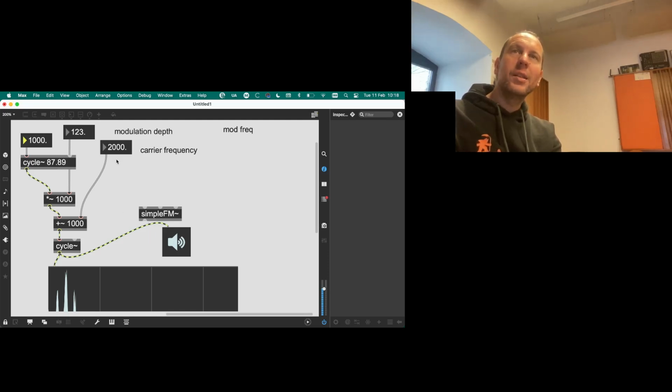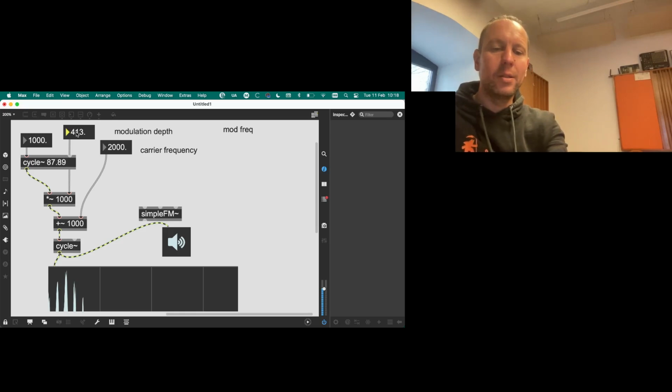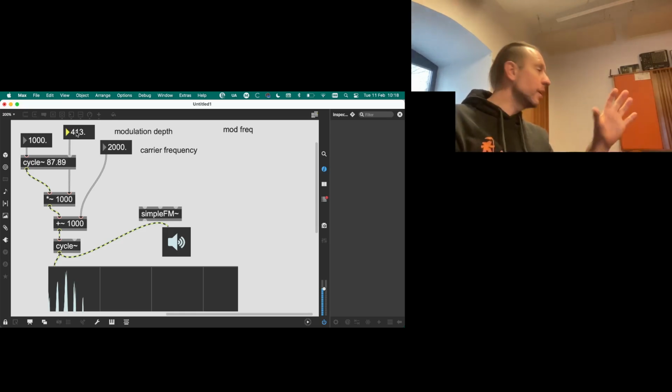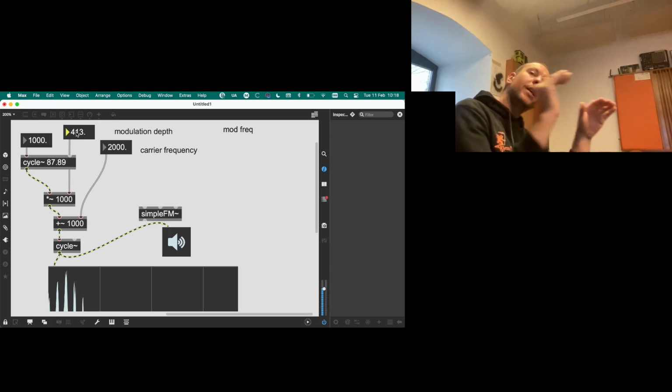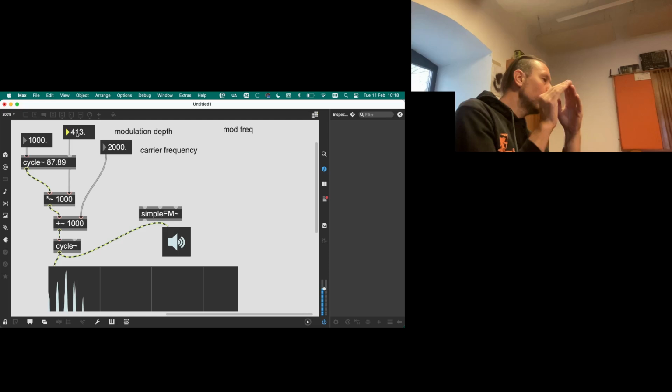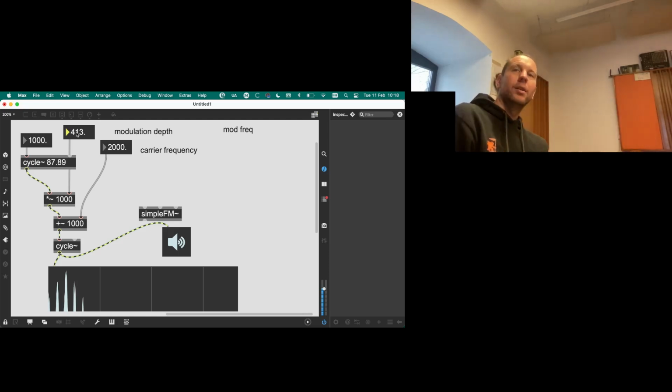And the interesting thing is, if I increase the modulation depth here, you see the sidebands increase in volume, but they're not moving around. So with these parameters, the sidebands move horizontally based on the modulation frequency, and they move vertically based on modulation depth.